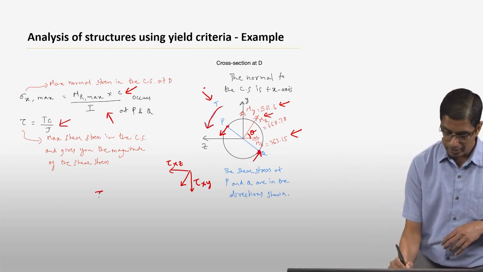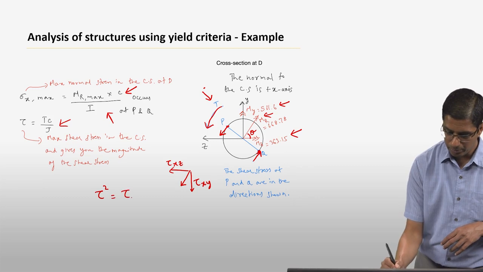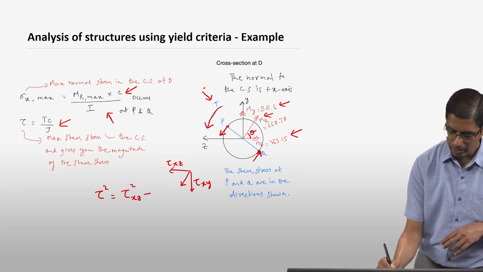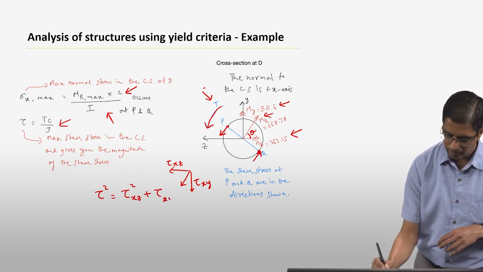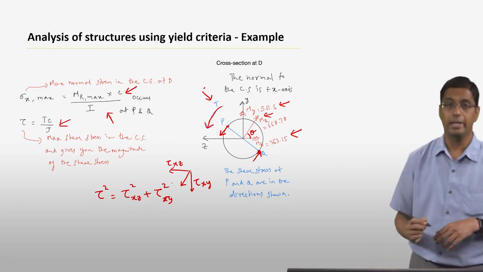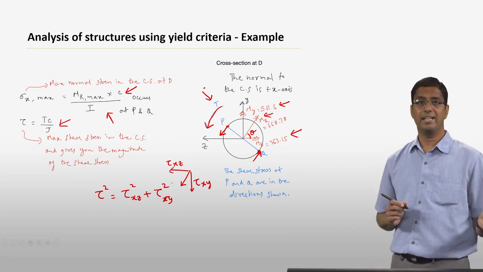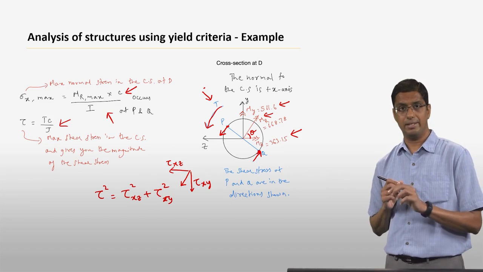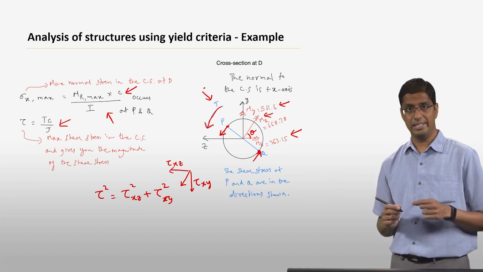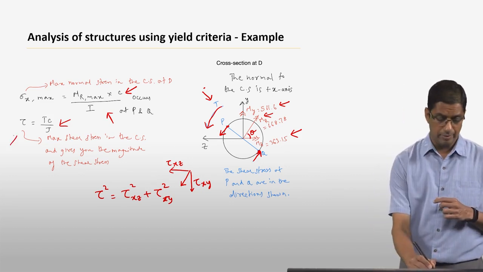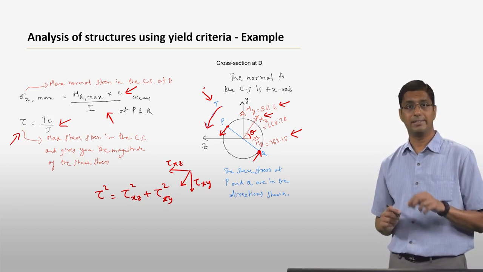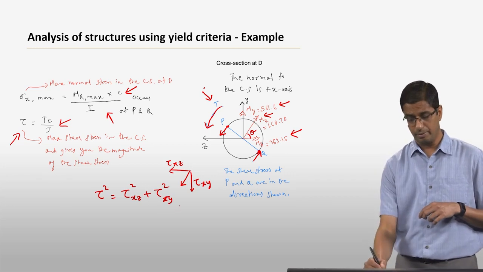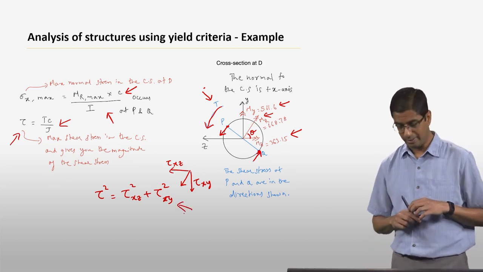Fortunately, tau squared is equal to tau xz squared plus tau xy squared. So even though we can't calculate tau xz and tau xy individually just using this formula, we at least know that the magnitude of the tau is essentially related to tau xz and tau xy using this formula, and that is something that we'll make use of.